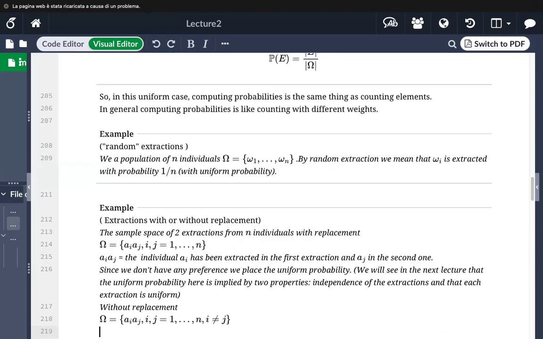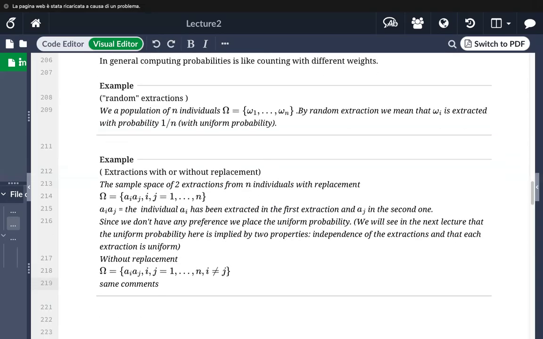So since we cannot extract twice the same individual, and again the same comments hold. There is no preferred outcome, and the uniform probability is the right one.